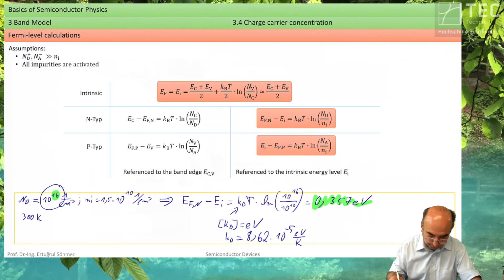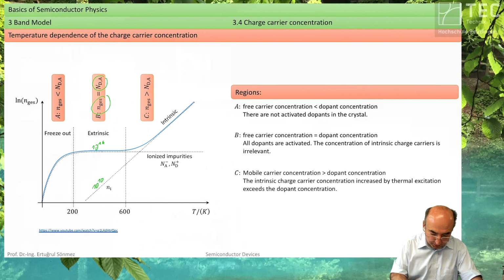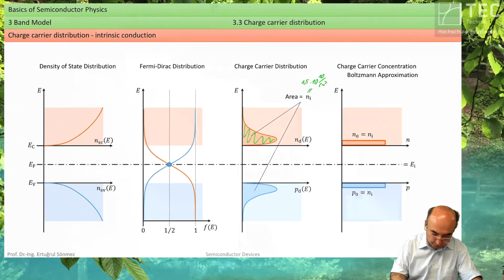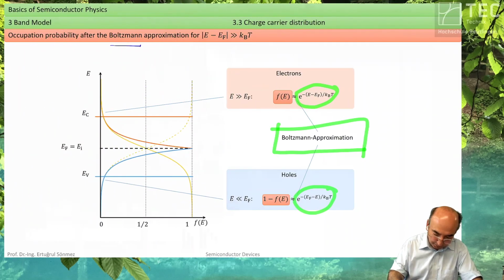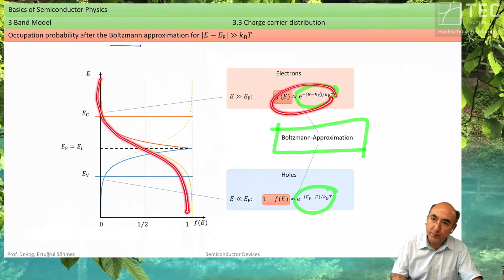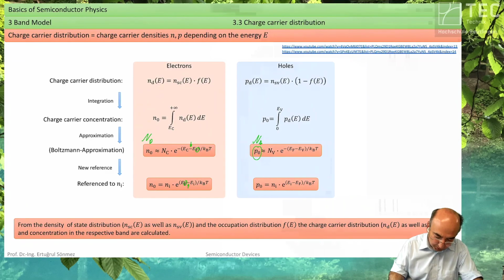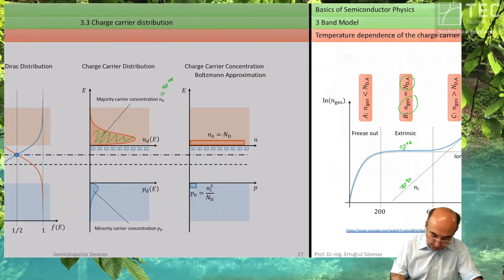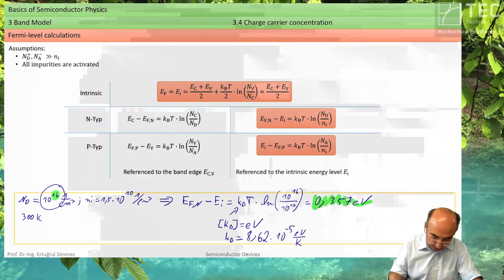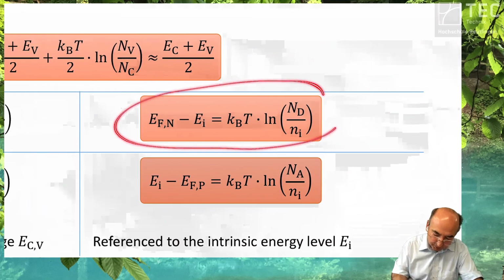Here we are. So here we switched, one moment. Here we switched from the Fermi-Dirac to the Boltzmann approximation. From this Boltzmann approximation, we derived at the end, one moment, for electrons, this equation.